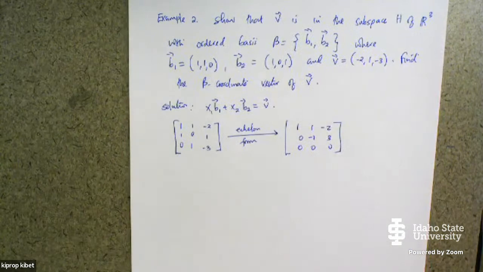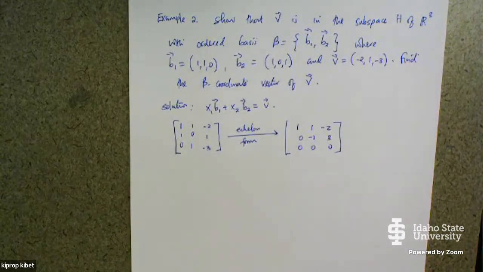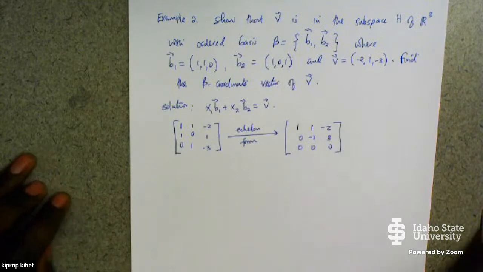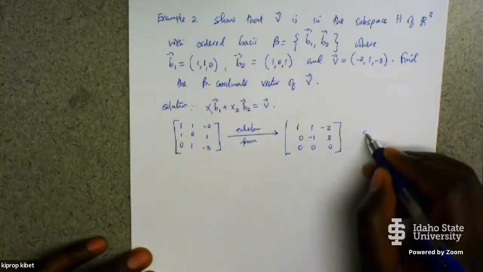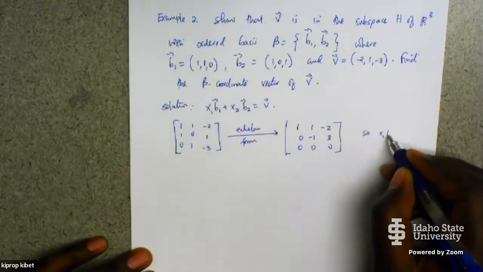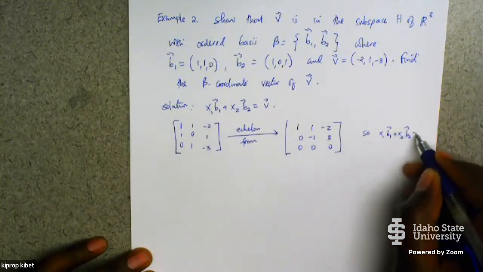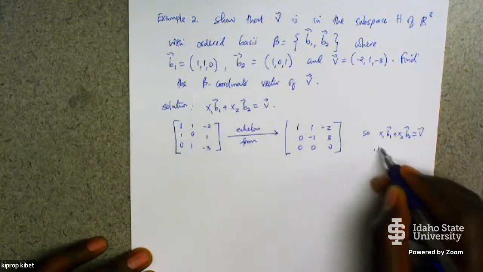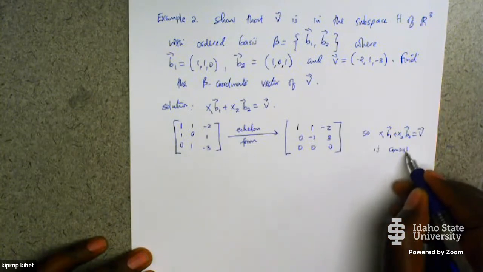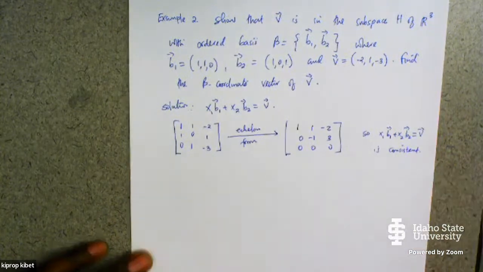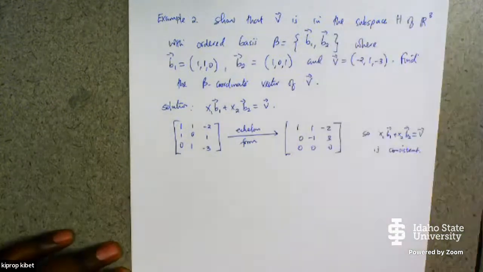Since the third row is not contradictory, it is consistent. Therefore x1 b1 plus x2 b2 equals v is consistent. So that is the first section.